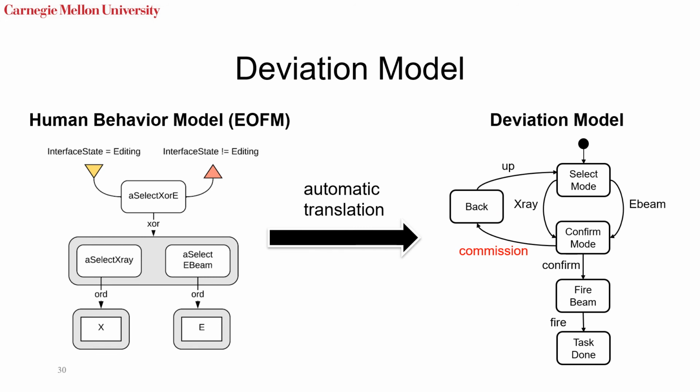A deviation model can be manually created by a developer or can be automatically generated from an existing model from another domain. For example, in our case study of 3025, the environment is the behavior of the operator. In HCI study, they have this tool called Enhanced Operator Function Model, EOFM, to model a task for an operator.